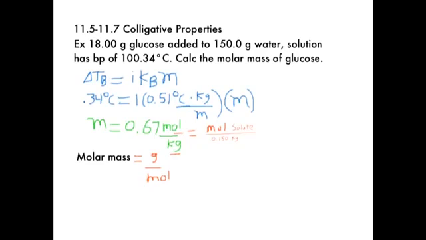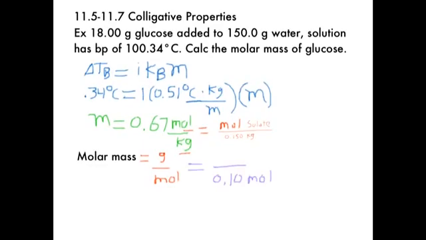So I can solve that by multiplying by 0.150 kilograms on each side of the equation. When I solve for moles of solute by multiplying 0.67 times 0.150, I find out that I have 0.10 moles of glucose. Then I know that I have 18.00 grams of glucose. So 18.00 grams divided by 0.10 moles is my molar mass of glucose, which is 180 grams per mole.